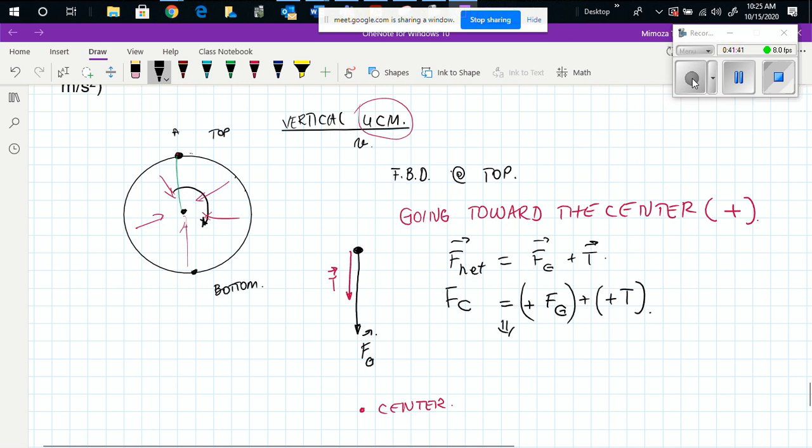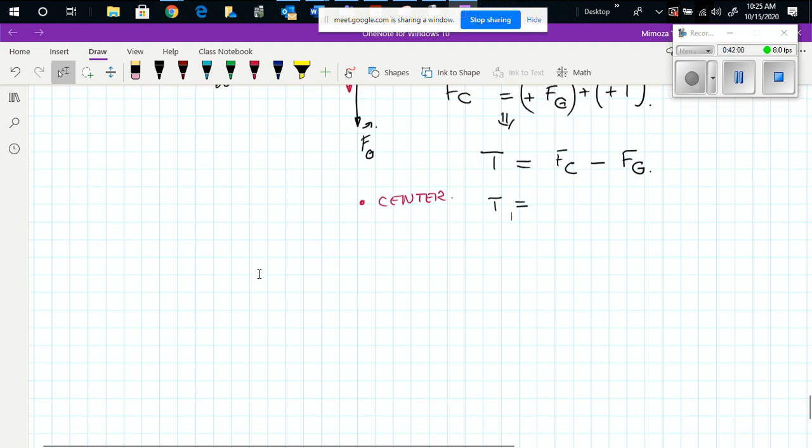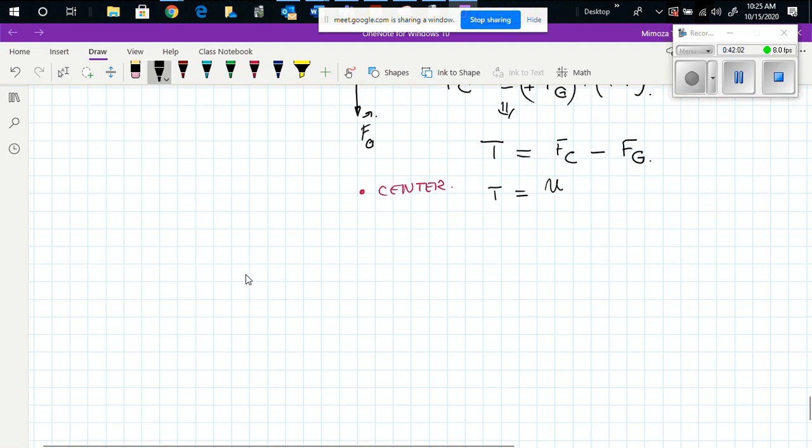Okay, from here, we can solve for tension as being centripetal force minus force of gravity. Now we know that centripetal force is mass velocity squared over r, and force of gravity is mass times acceleration due to gravity.